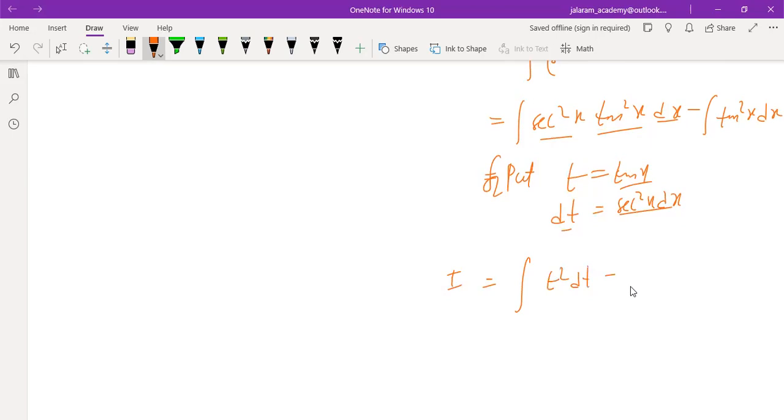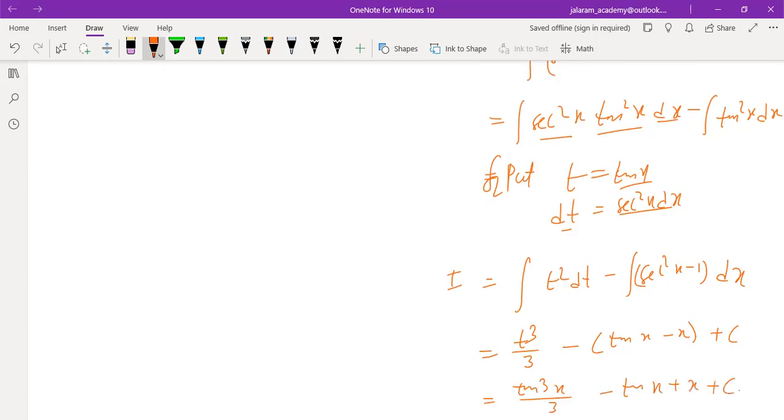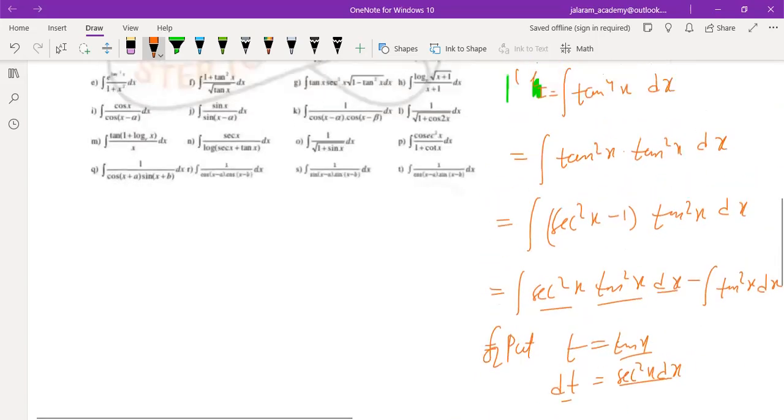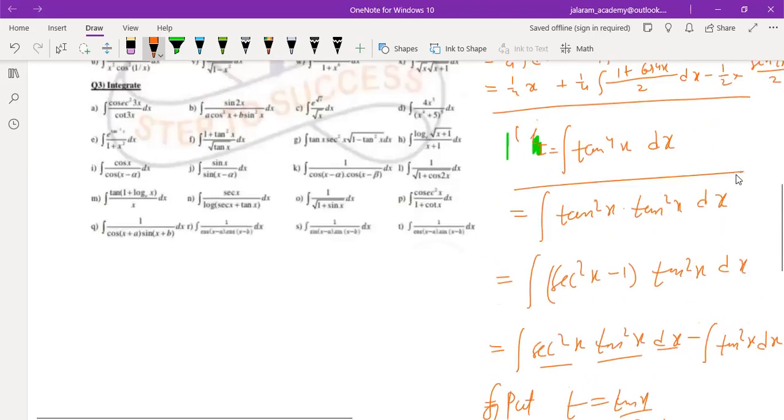So t square dt minus tan square x, which is solved by writing sec square x minus 1 dx. So integration of t square is t cube by 3 minus integration of sec square is tan x, minus x, plus c. Value of t is tan x. So tan cube x upon 3 minus tan x plus x plus c.